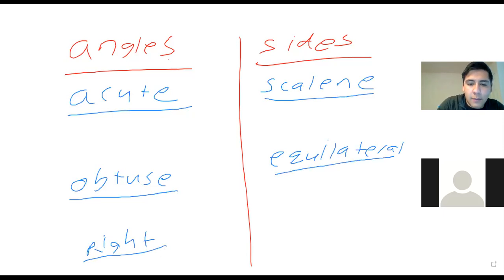And I'm blanking on the last one here. Let's look it up. Triangle types. Isosceles. There we go.